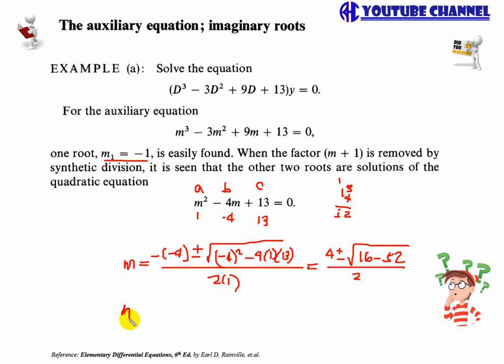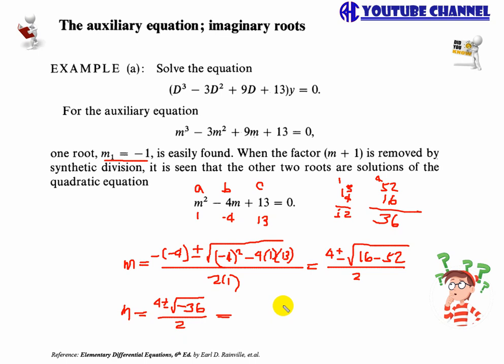Okay. M is equals to 4 positive and negative, the square root of 16 minus 52, ilan yan? That is 36 ba yan? Negative 36 over 2. Okay, ang problema natin dito is yung 36 is negative. So pwede sana natin ma-extract or mailabas yung 36 kung hindi negative.